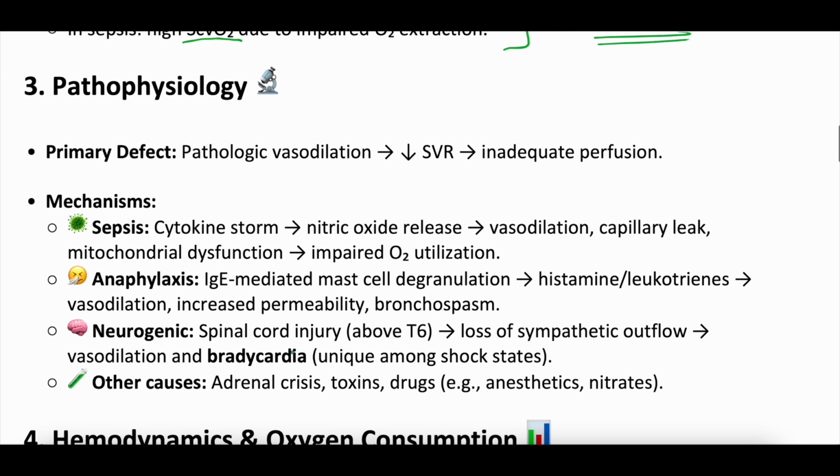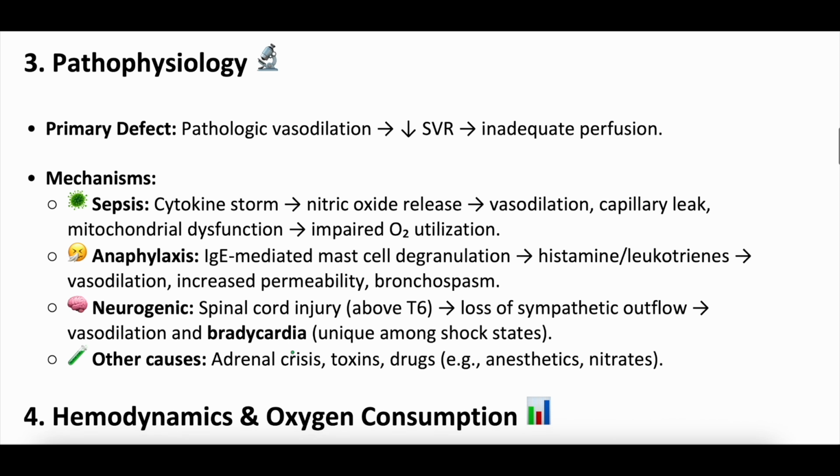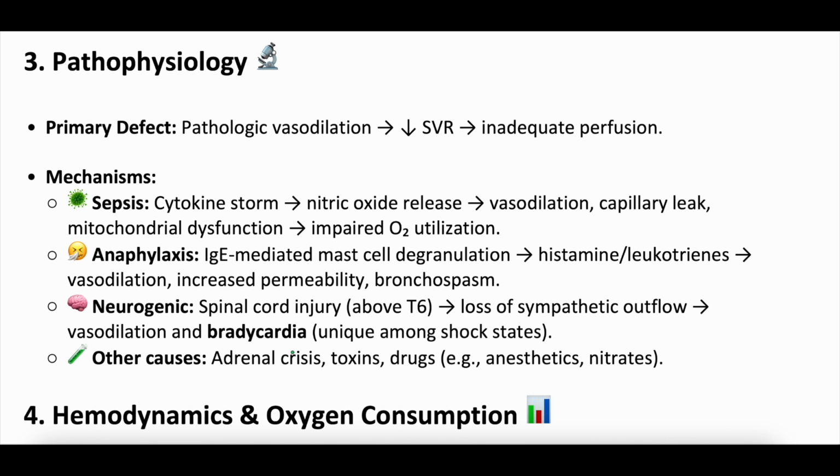All right, what about the pathophysiology? What's actually happening in distributive shock? Well, the primary deficit, as we have talked about, is going to be pathologic vasodilation, right? That decrease in systemic vascular resistance. And what is happening is you get all these inflammatory mediators that cause your blood vessels to vasodilate. And when they vasodilate, as we said, this decreases the amount of effective circulating volume, okay?